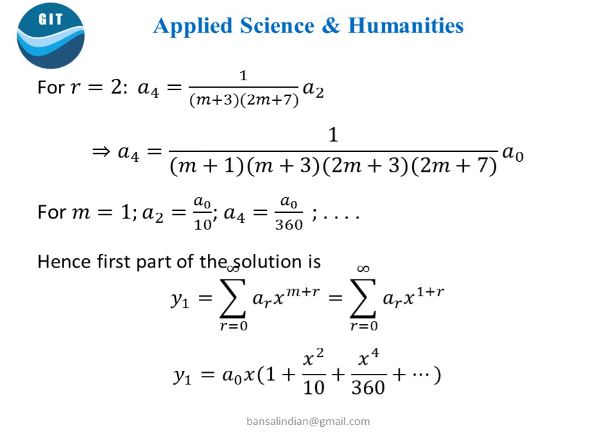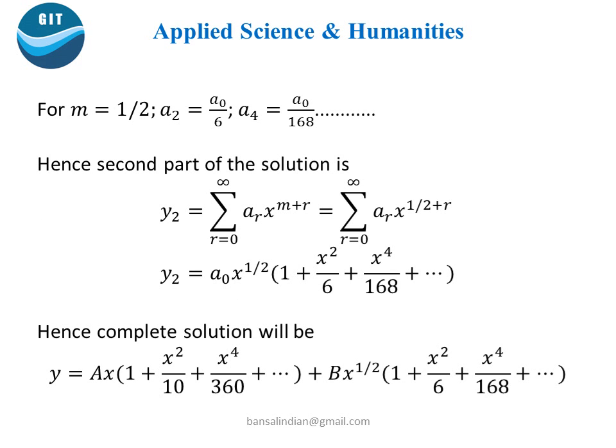For m equals minus half, we'll get the second solution. So the second solution will be a_0 x^(1/2) (1 + x^2/6 + x^4/168 + some terms). Hence the complete solution will be the combination of the first solution and the second solution, that is y_1 and y_2.